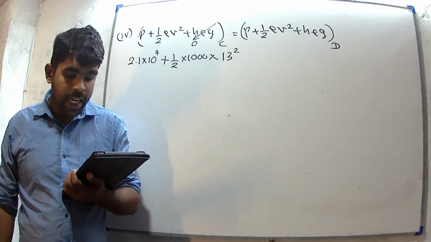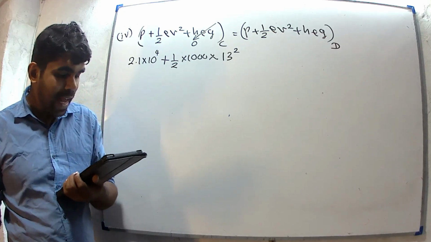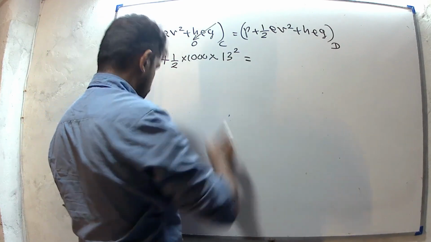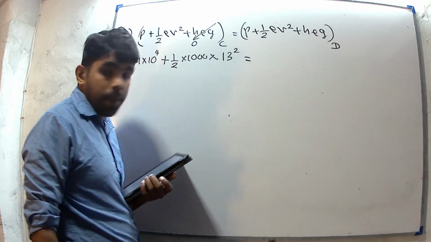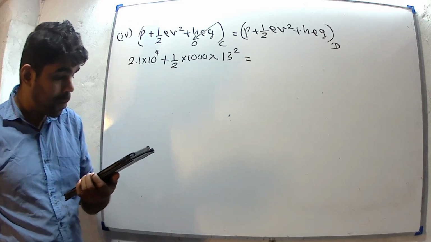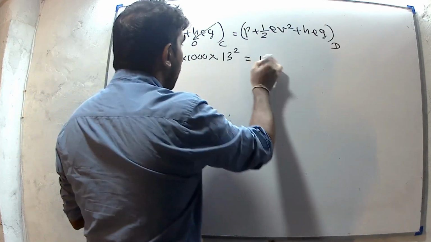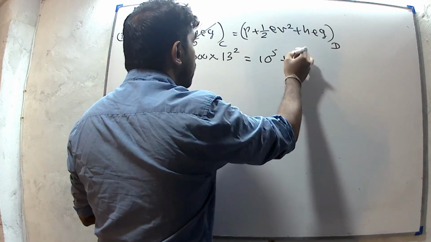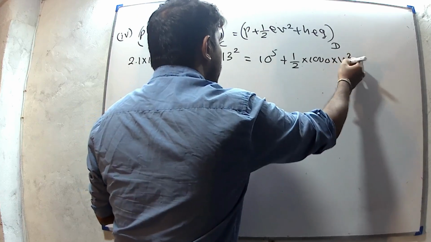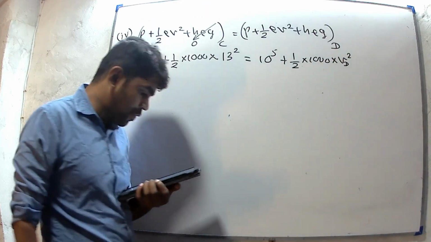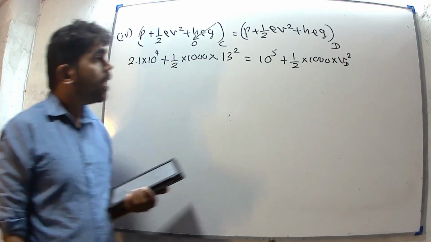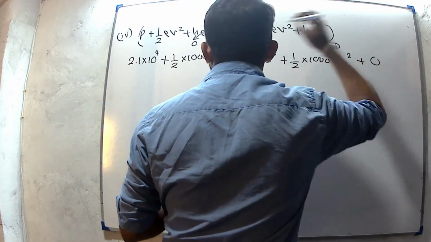We have considered potential energy 0 level as the lowest level of the diagram. Equals pressure at point D, it is open to the atmosphere, 10 to the power 5, plus half density 1000, velocity squared Vd. You have to find Vd value, velocity at point D. h rho g is again 0.